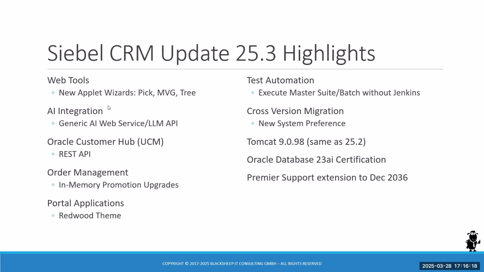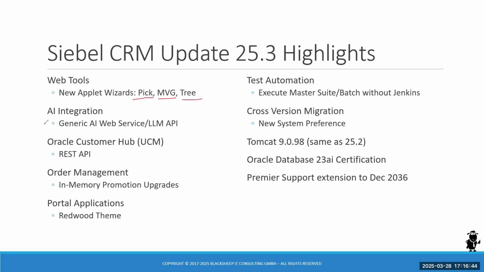We have 3 new applet wizards in Web Tools: pick applets, MVG, and 3 applets. That makes a total of 5, because from previous releases you have form and list applets. So the number of wizards goes up again in Web Tools, which is good.